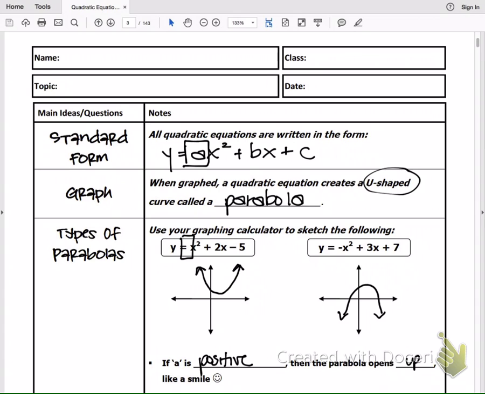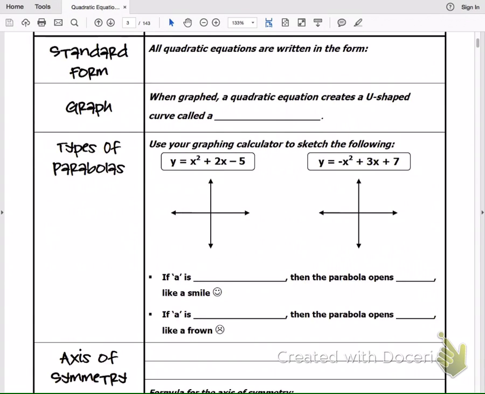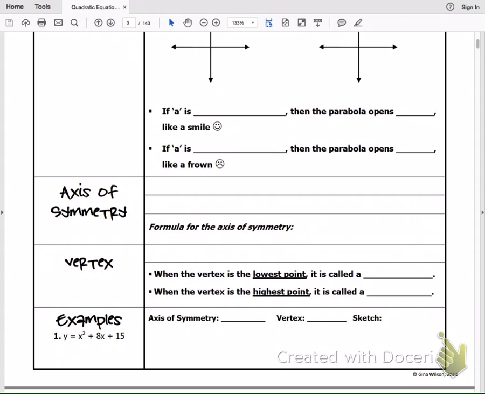If, on the other hand, a is, like in this one, negative, because there's a negative 1 there, that parabola opens which way? Down. Okay? I'm going to erase this quick and move down the page. So if a is negative, then the parabola opens down.